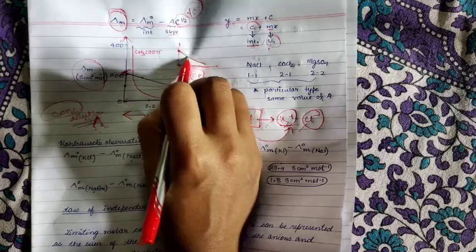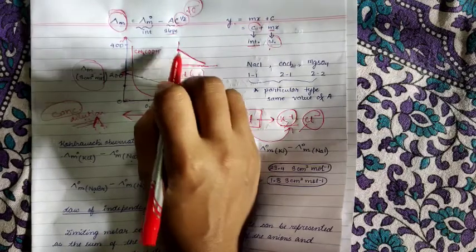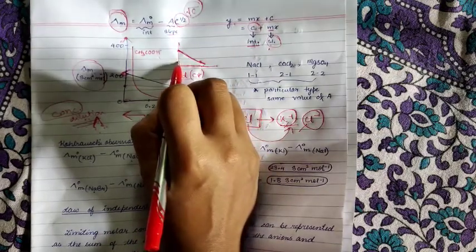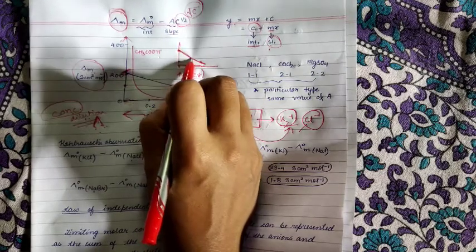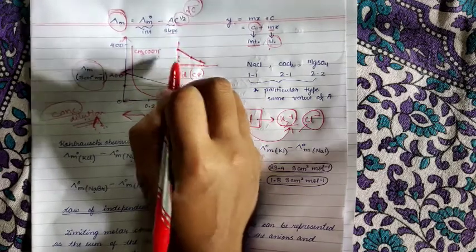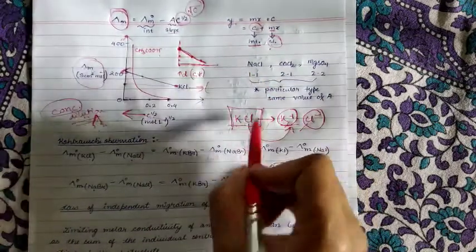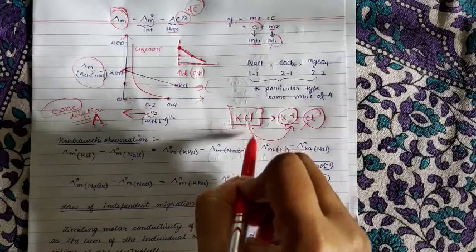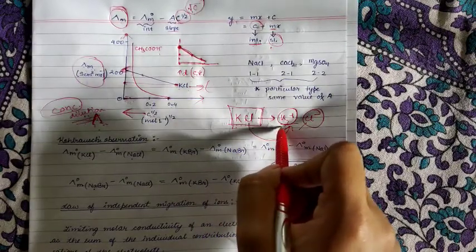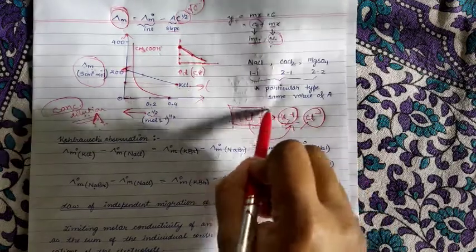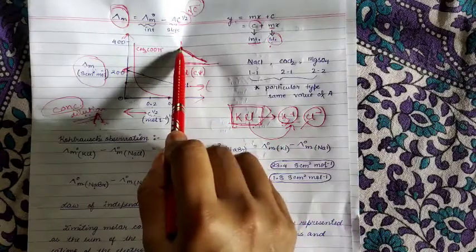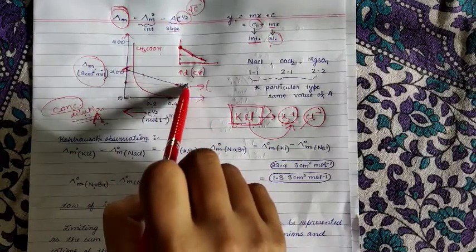Clear? So the curve is in this way. At this point there will be less ions, so less lambda m. At this point there will be more ions, so more lambda m. Clear? And at zero concentration the KCl has diluted to the maximum extent, to the maximum capacity, and hence the conductance will also be at the maximum capacity. Clear?